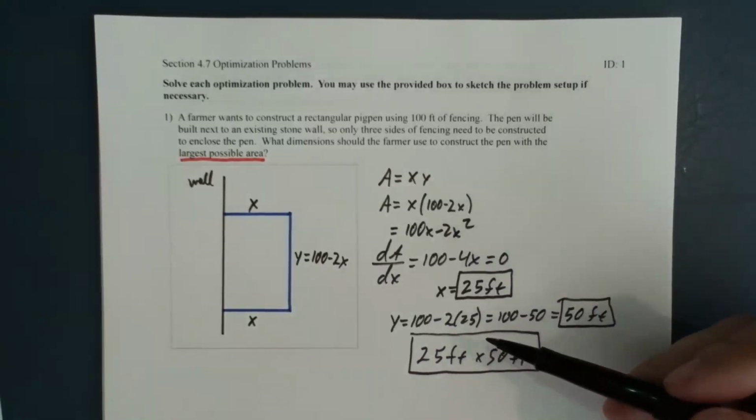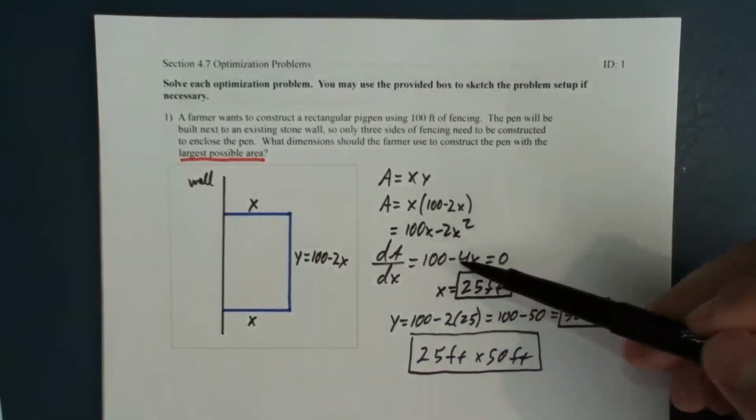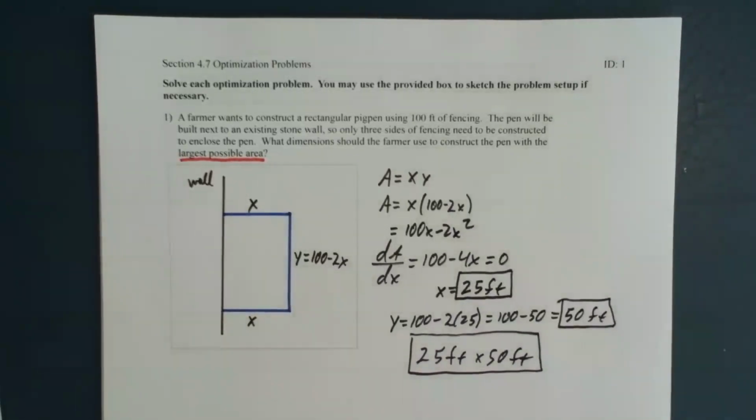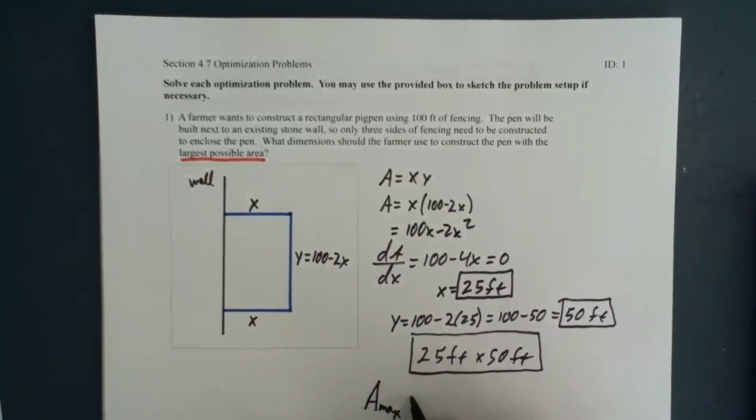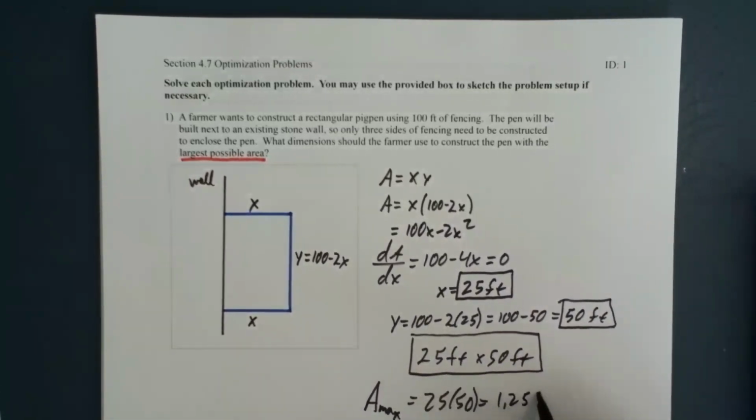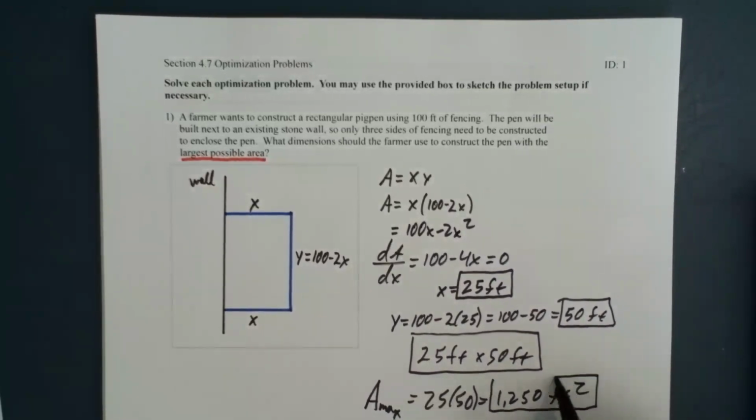Well, here's the process. Come up with an equation, take the derivative, and then solve for the dimensions. We can even figure out what the area would be if I do 25 times 50. So this is the area max, would be 25 times 50, which is going to be 1,250 square feet. Now, it didn't ask for this information, but now we know.